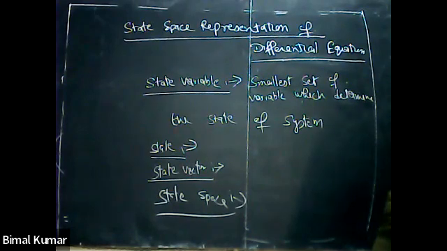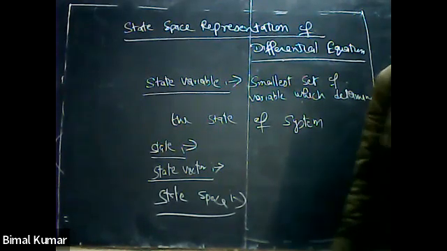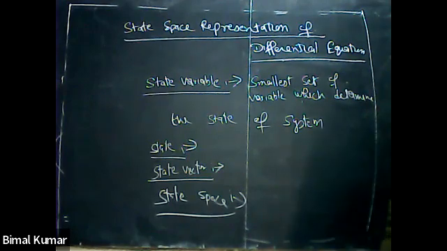Then state vector means we have n number of state variables, and these are distinguished in n dimensions. Those n dimensions are known as state vector.